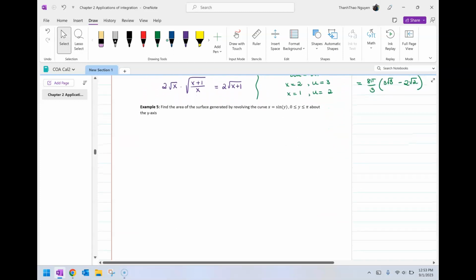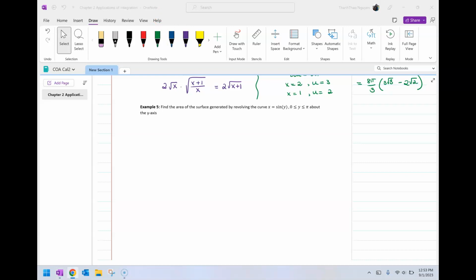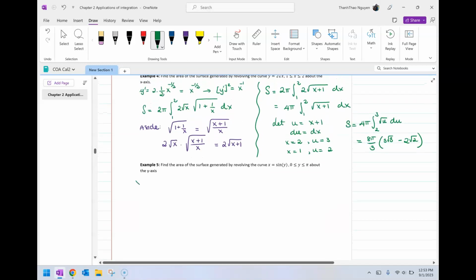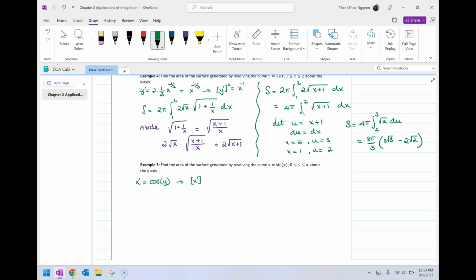Next, we have the surface area generated by revolving the curve x equals sine of y, for y between 0 and pi. So first of all, we will calculate x prime. Well, x prime equals cosine of y. This means x prime squared equals cosine squared of y.